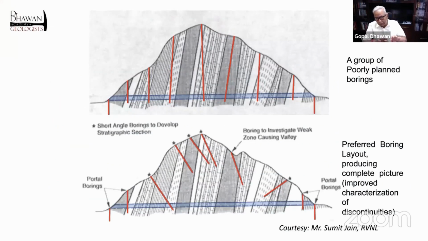Here, one aspect is that you have placed your boreholes based on geological and geophysical results. But another aspect is how to optimize it. The figure above, I have borrowed from my friend, Mr. Sumit Jain, RVNL.